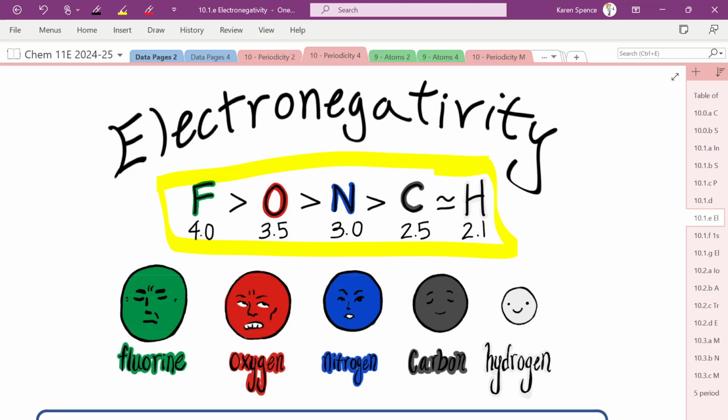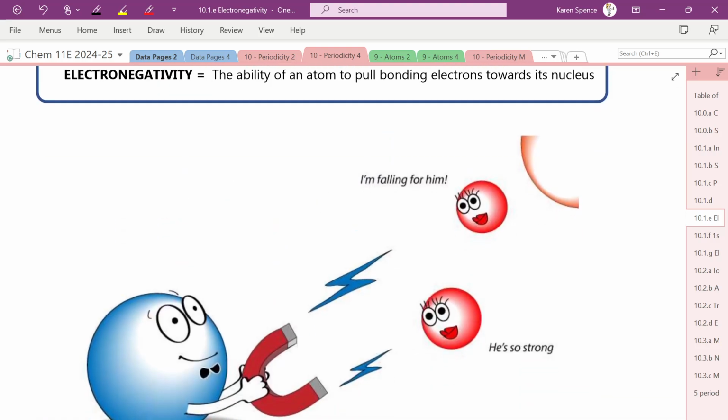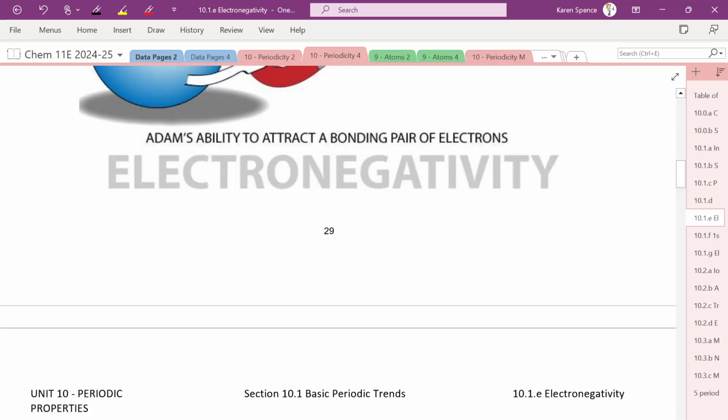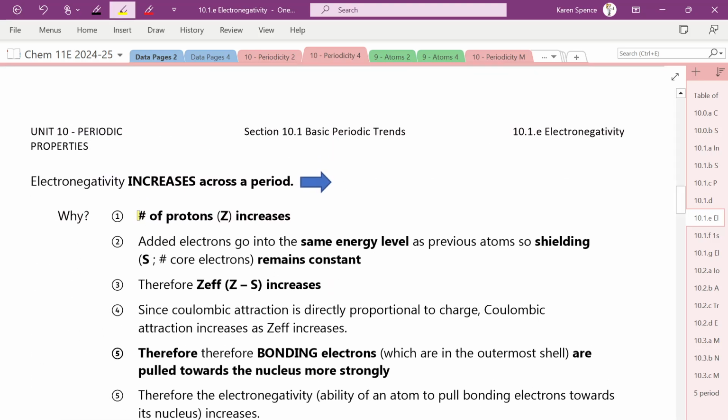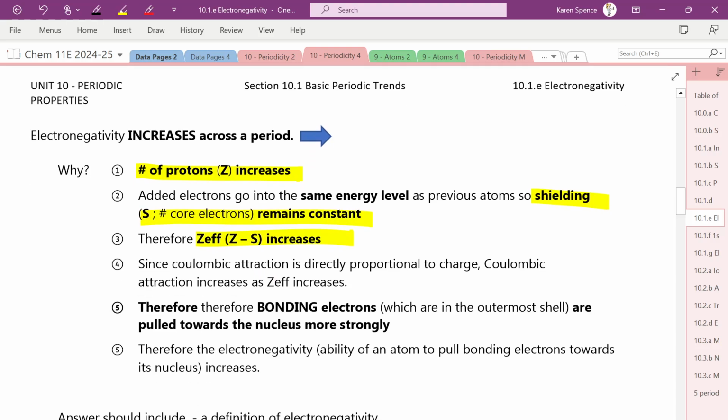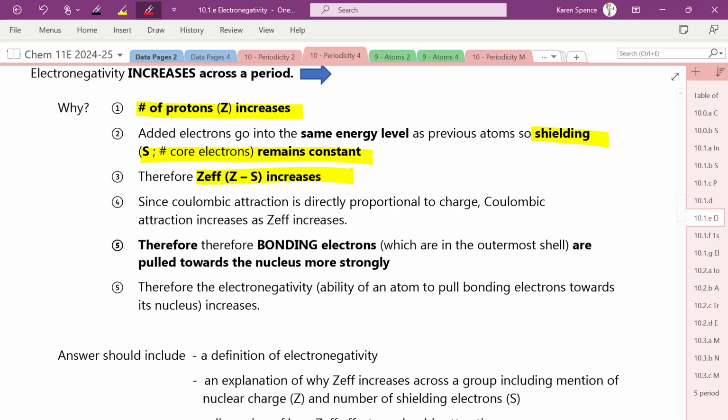It just stresses that you should be talking about the number of protons, the number of shielding electrons, Zeff, and because we're talking about electronegativity, the bonding electrons.